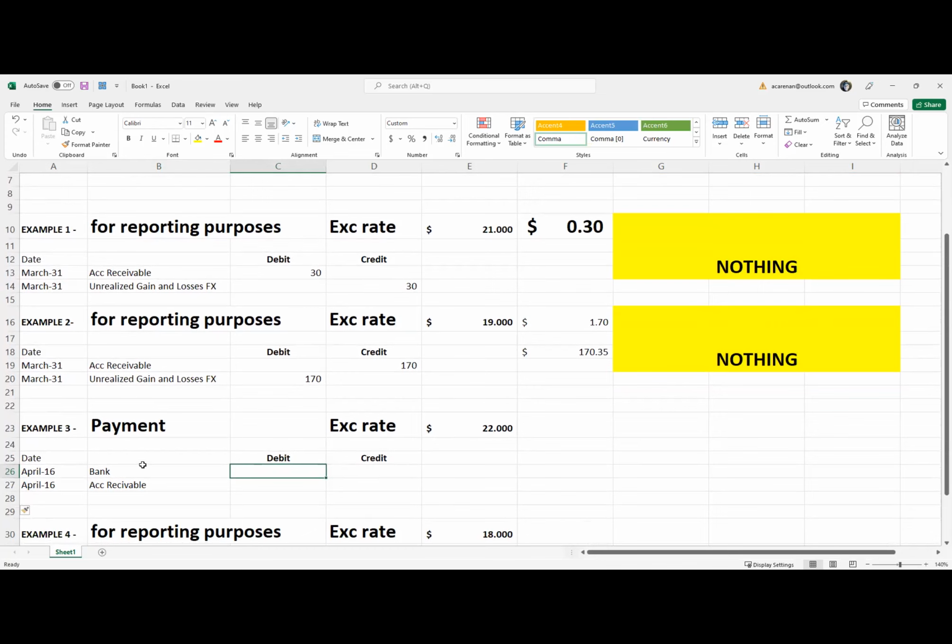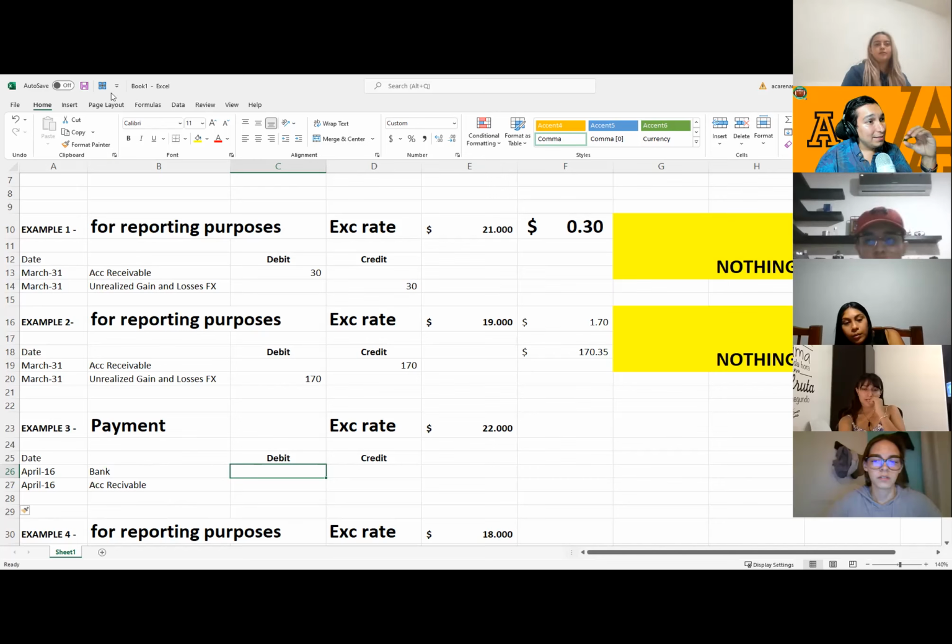It would depend if you can receive dollars. What would happen if you can receive dollars is that you have a dollar-based account, and when you get to the end of the month, you have to revalue that USD bank account to make it go to the market value. In this case, we will leave it in pesos.